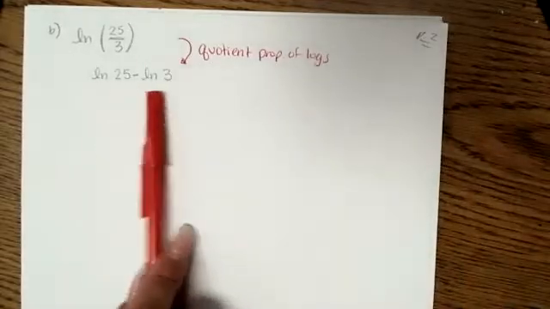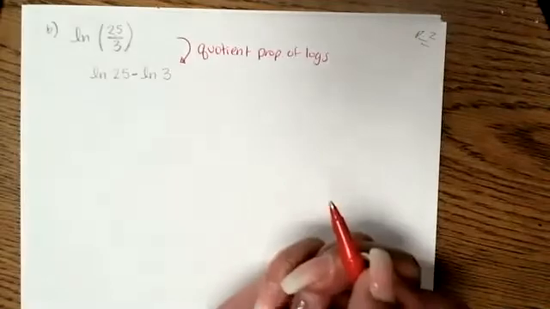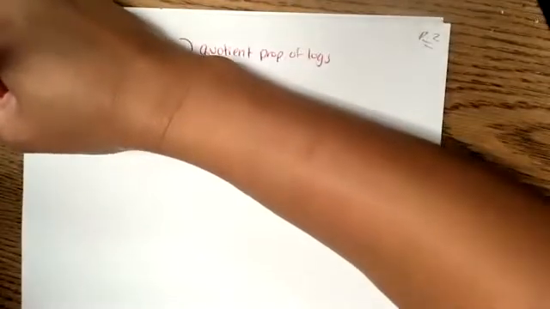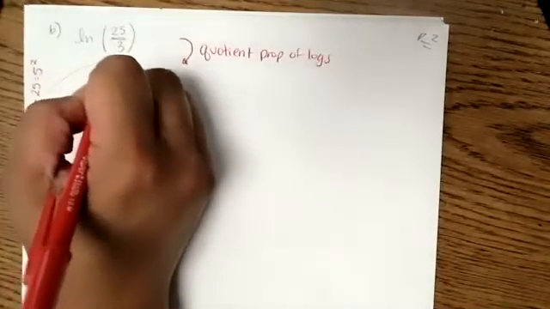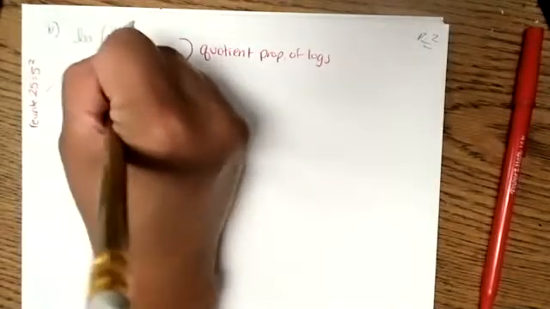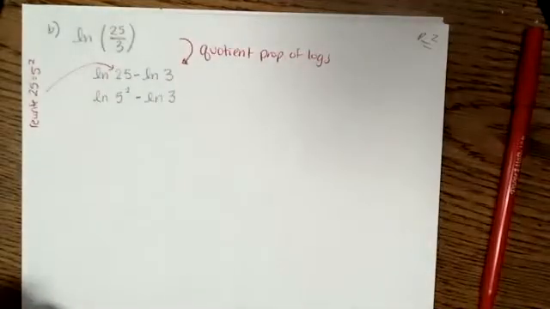This can actually be simplified a little bit more because right here, the 25, that's actually a 5 squared. So what I'm going to do is I'm going to rewrite the 25 as 5 squared. I'm going to do that right there. So this is going to be natural log of 5 squared minus natural log of 3.